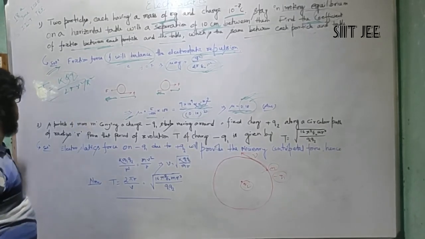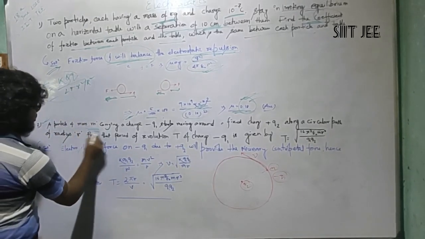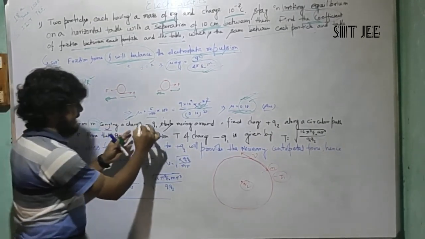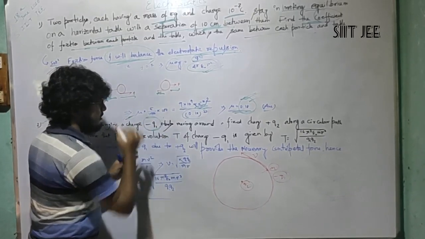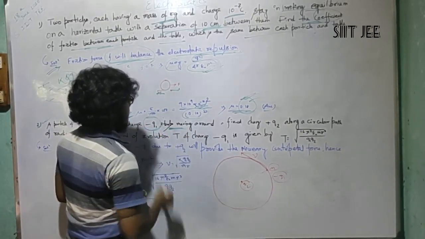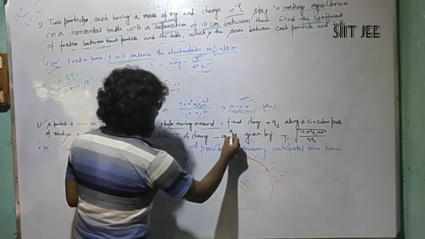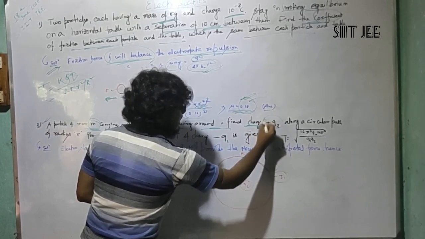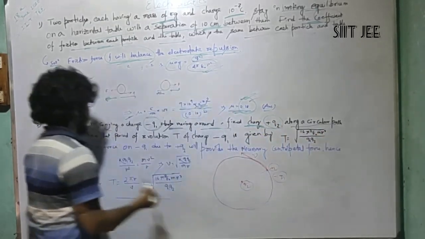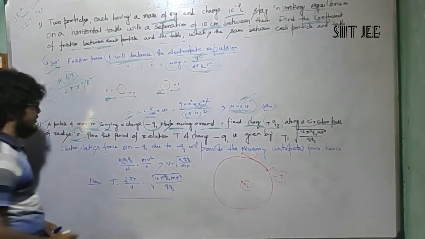Then second numerical. A particle of mass m, carrying a charge minus q1, is moving around a fixed charge plus q2 along a circular path of radius r.